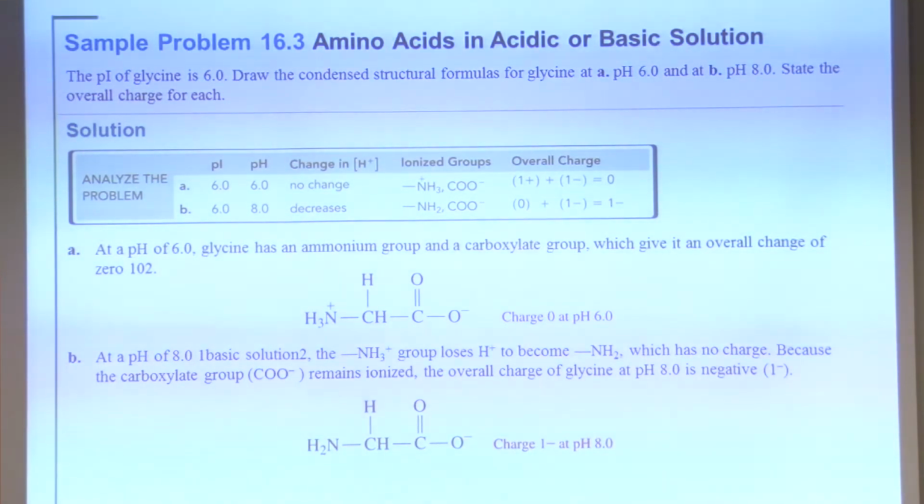At a pH of 8, 8 is basic. And in a basic situation, the NH3, the amino group, loses its positive charge, and the carboxylate group remains ionized. So it gives a negative charge. Glycine has a negative charge at pH 8.